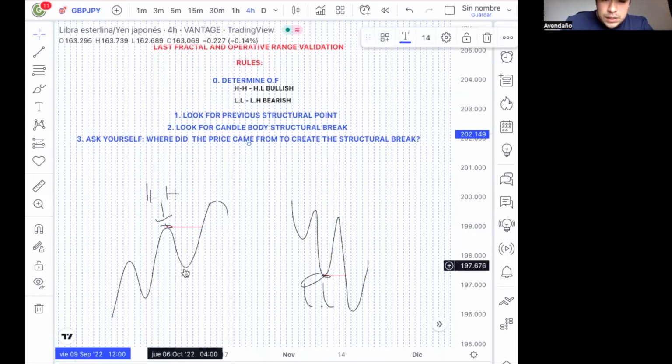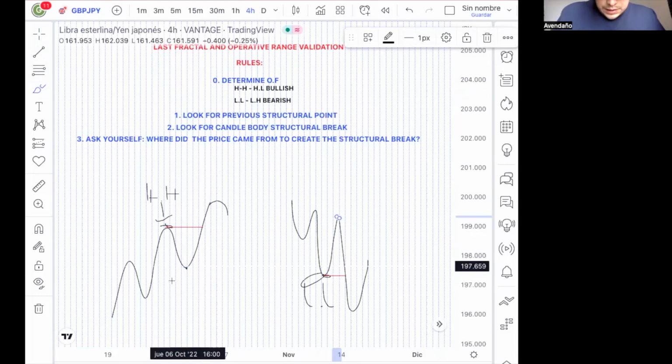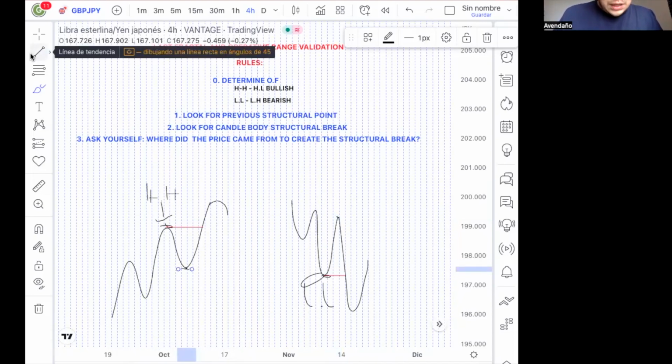It came from this point in this case. The structural break was made here, so the price came from here to create this break. Perfect. And this is also the point that maintains the structure, the order flow.